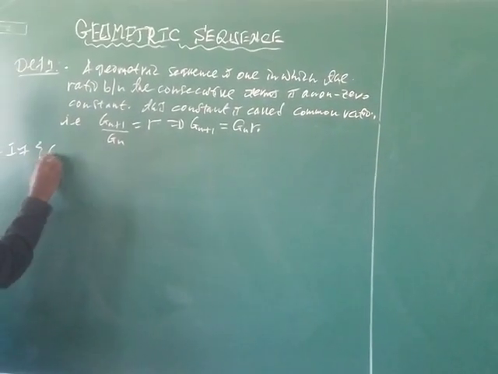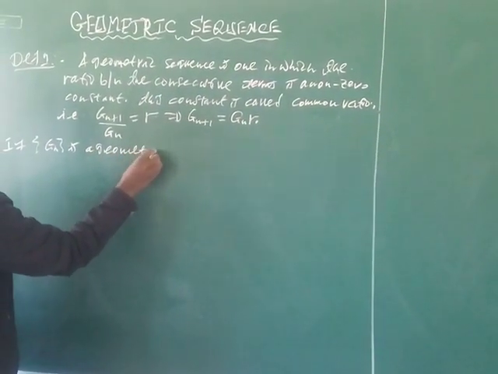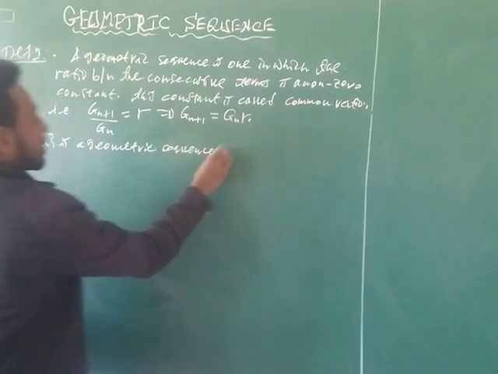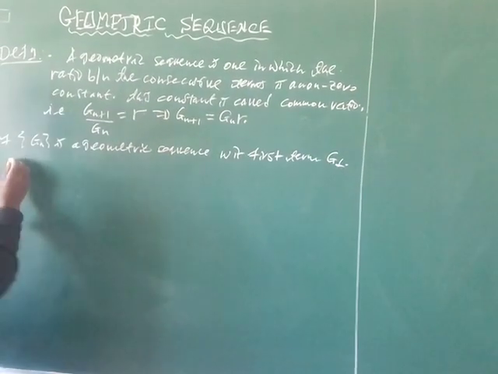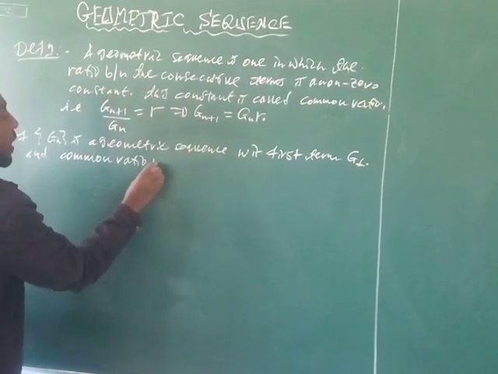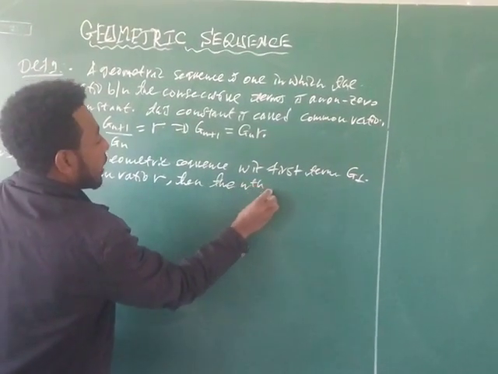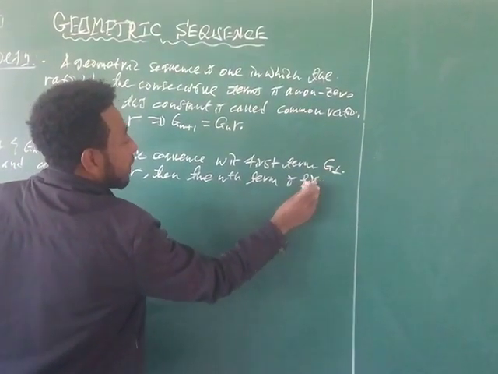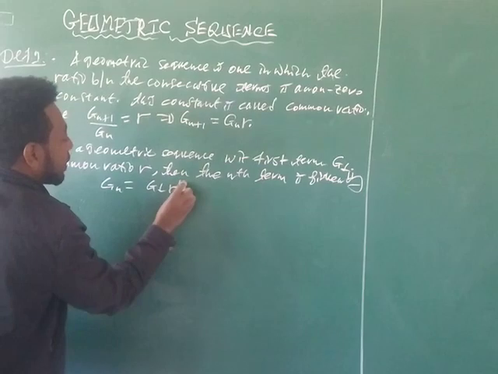If g(n) is a geometric sequence with first term g1 and common ratio r, then the nth term is given by g(n) is equal to g1 r raised to n minus 1.